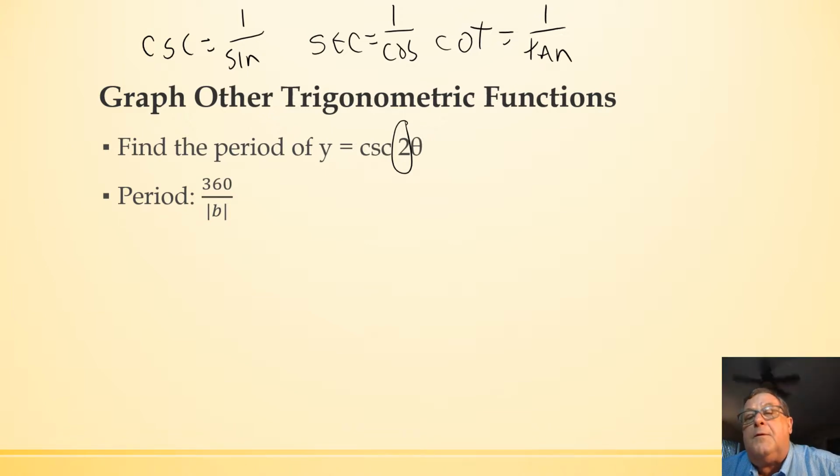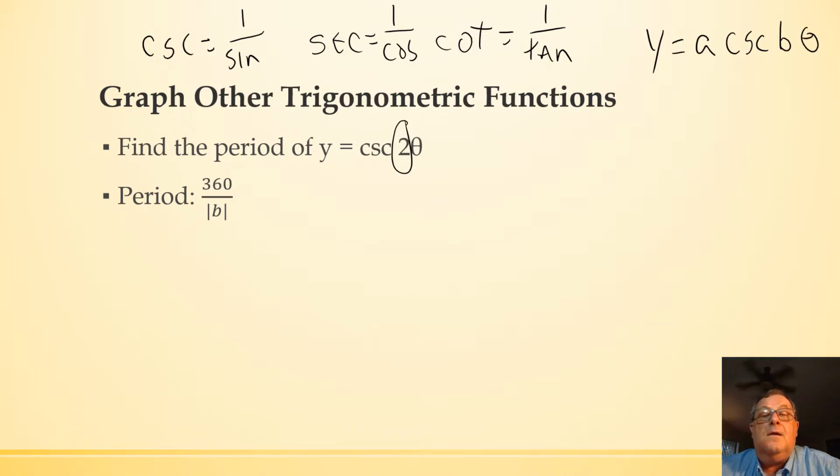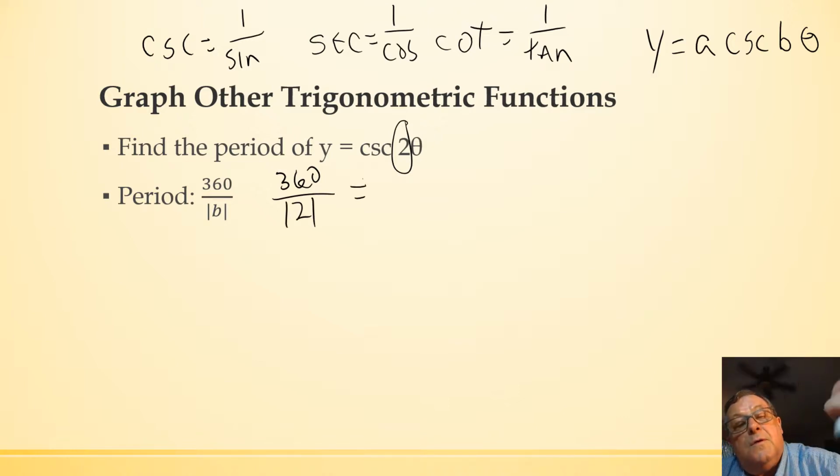Well, right here. y equals a times the cosecant of b theta. Okay, so what have we got here? Well, if the period then is 360 divided by the absolute value of 2, which of course is 2, then our period is 180.